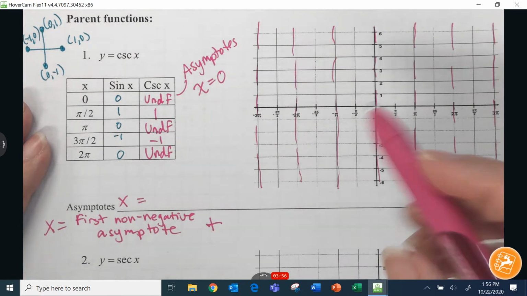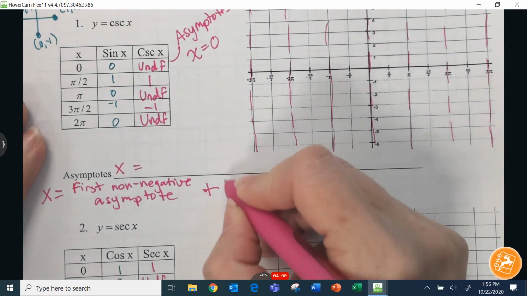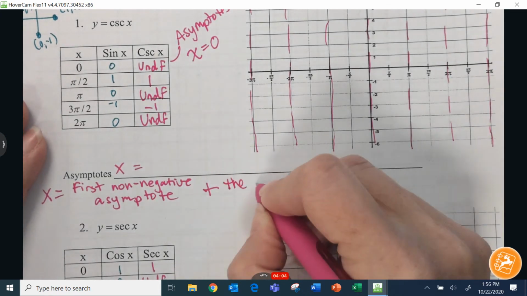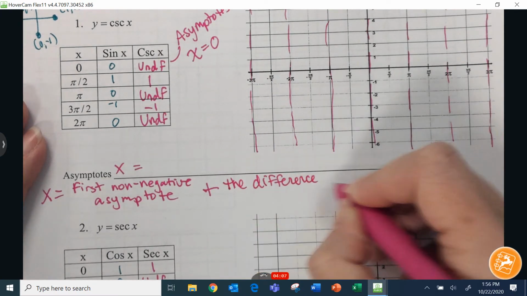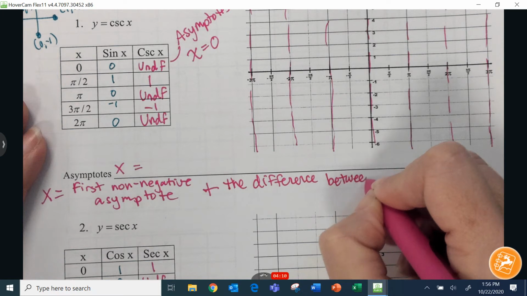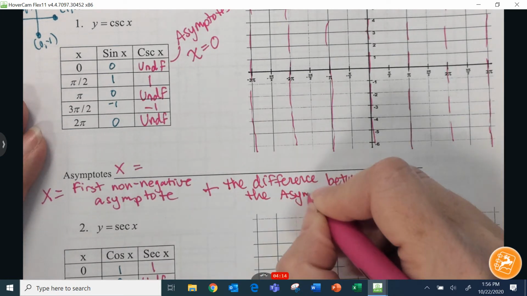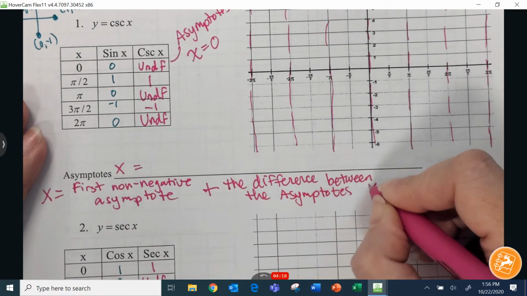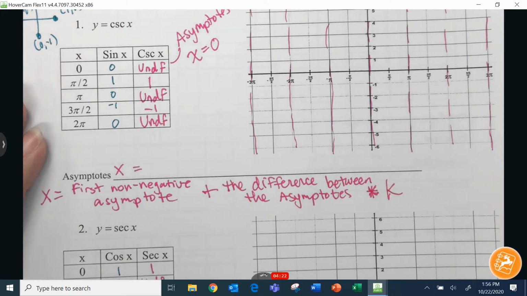It's not always going to be 0. And then what we're going to add on is the difference between the asymptotes multiplied by a variable, so that we can get each asymptote after there.